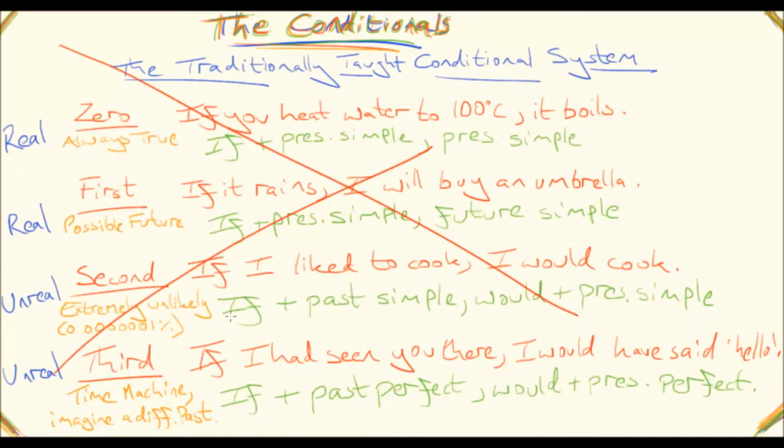It's going to be my job now to try and teach you something that will help you in so many areas, not the least of which being the conditional systems itself. So let's continue and have a look at the newer system, I suppose.